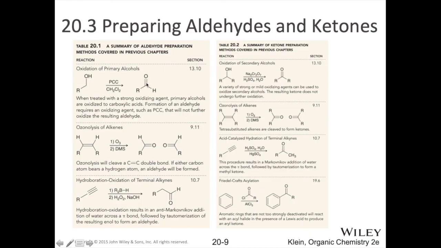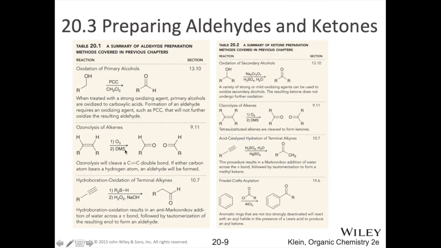Now, if you use a strong oxidizing agent, it'll go on to the carboxylic acid. So we have to use PCC, that's pyridinium chlorochromate, and that will stop at the aldehyde level. It won't go on to the carboxylic acid. In the case of a secondary alcohol, of course, that's how we get a ketone.